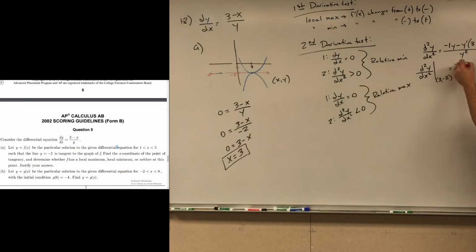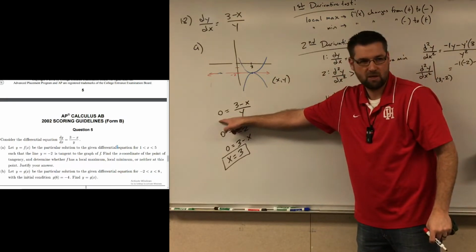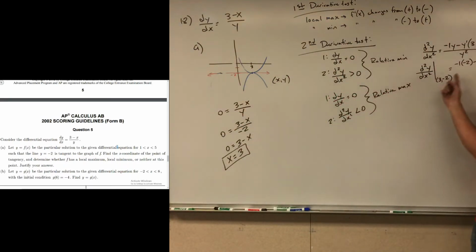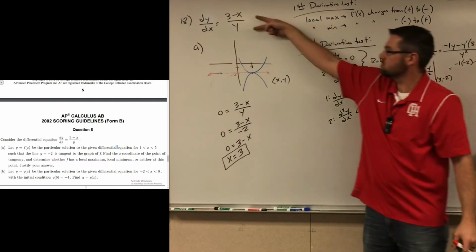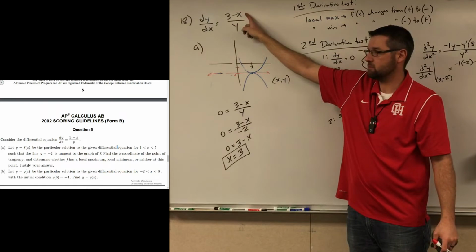So it's going to be negative 1 times negative 2 minus, what was y prime? It was 0, right? We made it 0. Remember? If you need to figure out y prime, what would you do? Just plug it in here. So what's 3 minus 3?